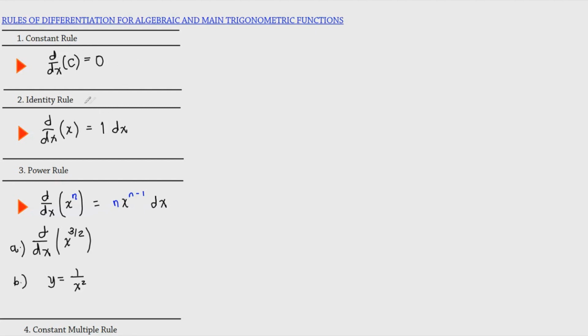And then we have the identity rule. When we take the derivative of x or any independent variable that we specify, then you'll be getting 1 dx. Now I have to emphasize this dx here. If y is equal to x and I want you to find the derivative, you will answer y prime is equal to 1.